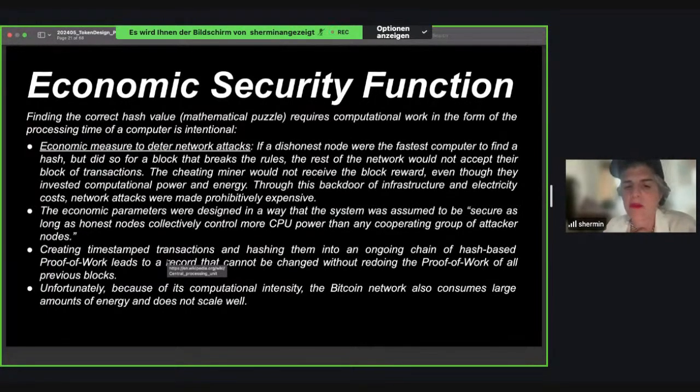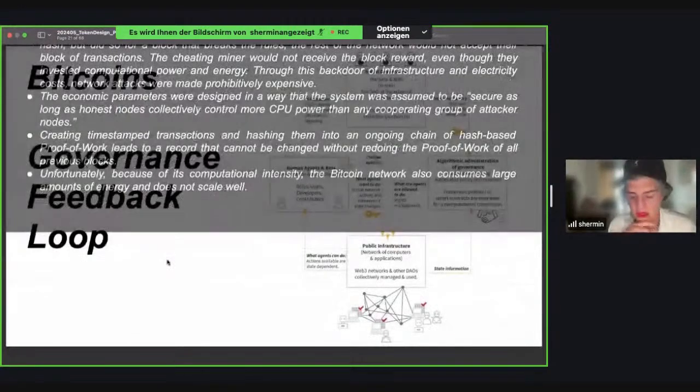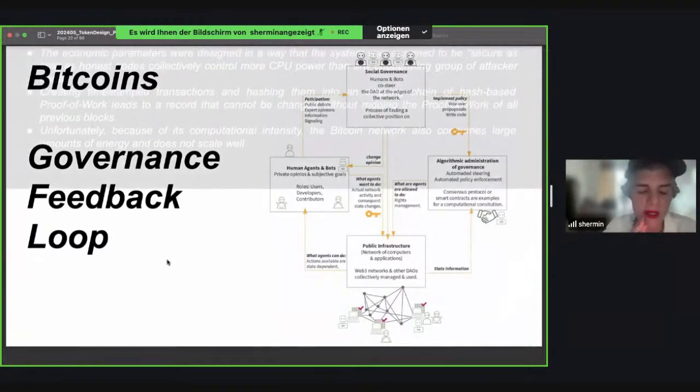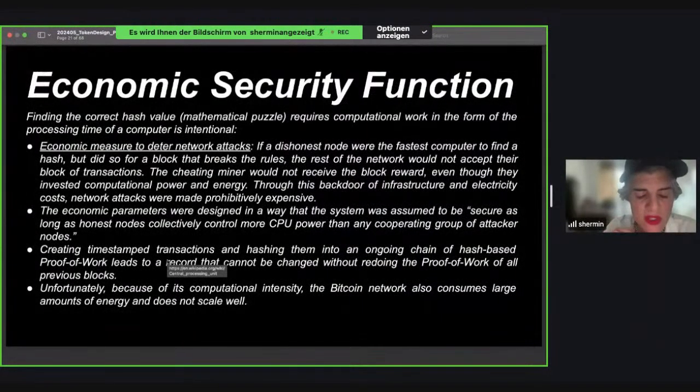Unfortunately, because of the computational intensity, the Bitcoin network also consumes a large amount of energy, and it doesn't scale well. And this then led to alternative consensus mechanisms, but this is not the thing we want to discuss today. Okay, so this is in a nutshell the most important design principles of how Bitcoin works.